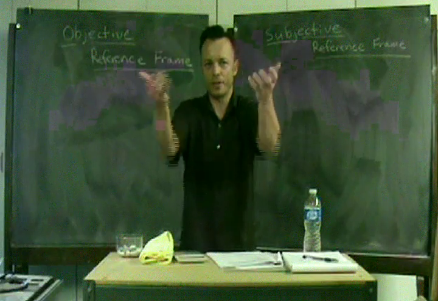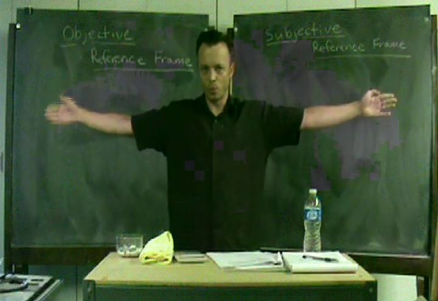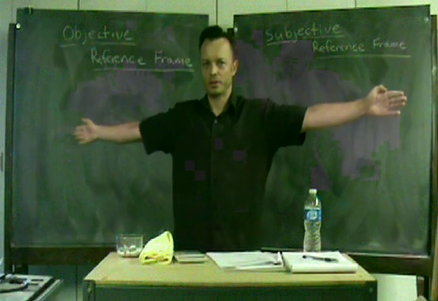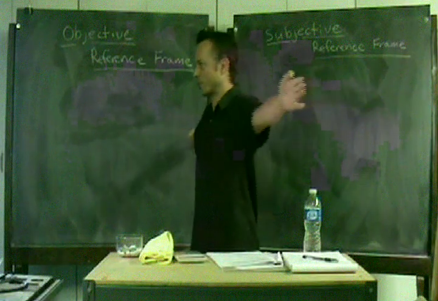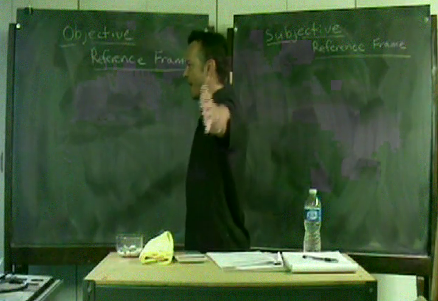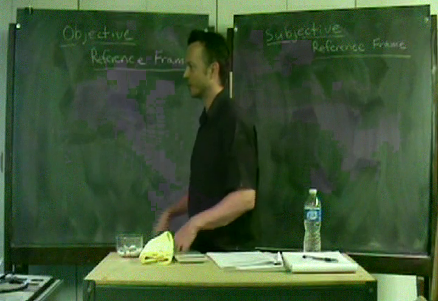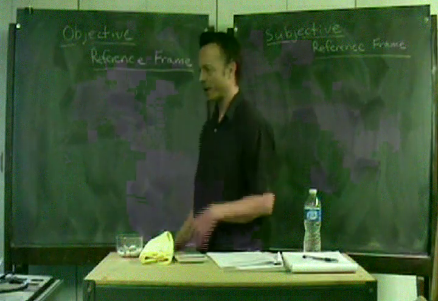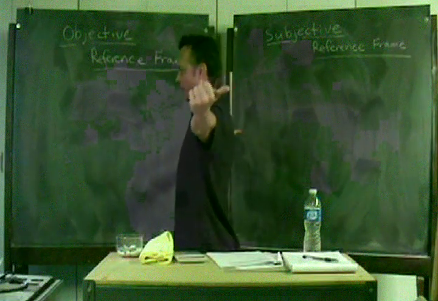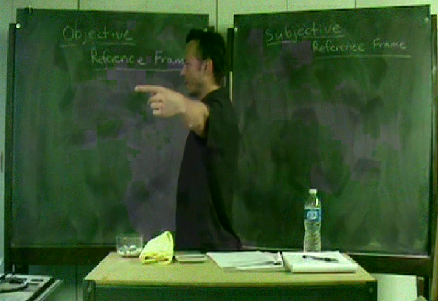Therefore, everything from that way, this direction, is what I am observing. So that's my objective frame of reference. And then my internal senses, my feelings, my thoughts, all of that stuff is happening in that direction relative to the objective frame of reference.